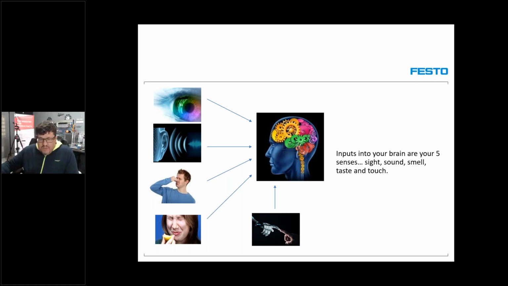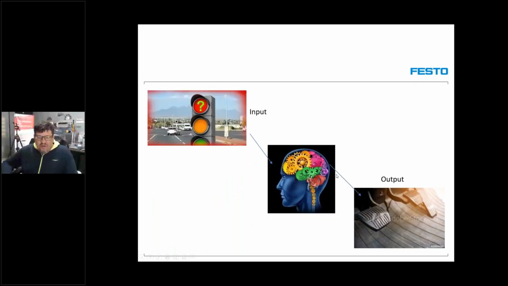That means when you arrive at the robot, you see the red light, and that is an input into your brain. The moment you approach the robot, you need to make a decision: I need to put my foot onto the pedal so that I can stop. And that is the output part.